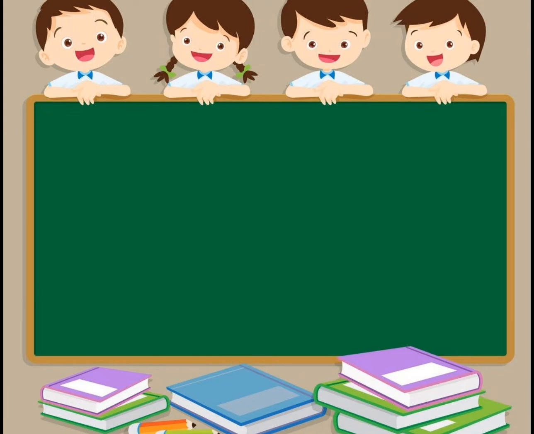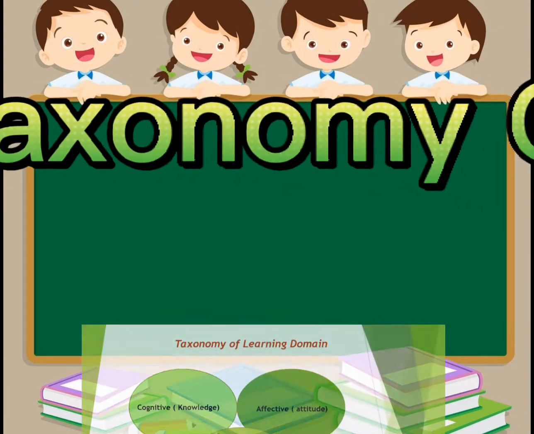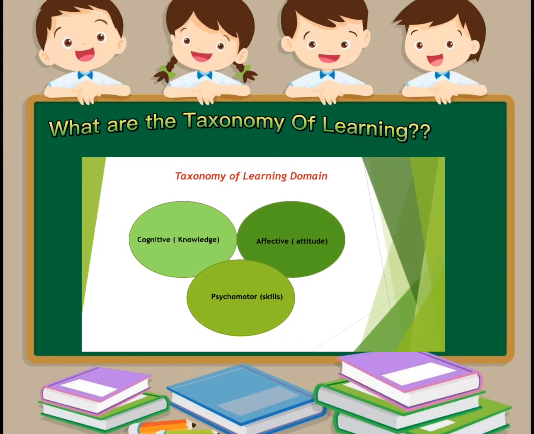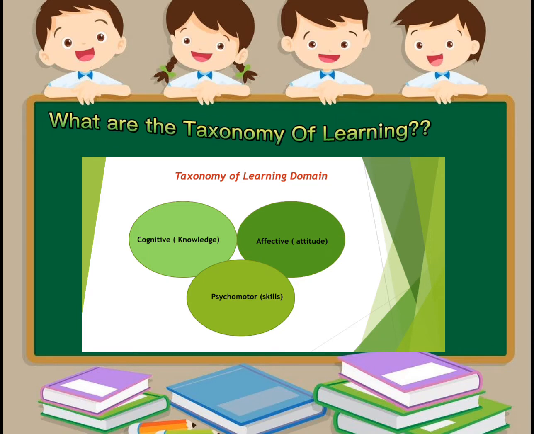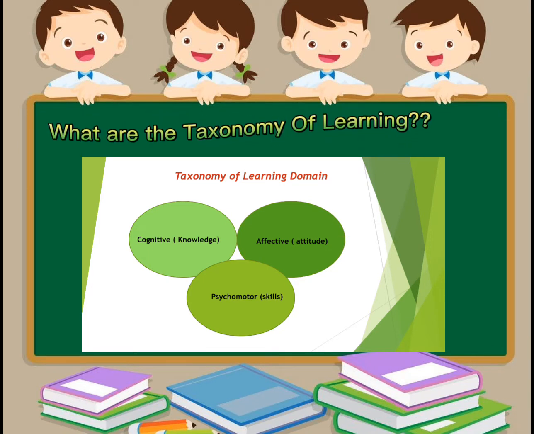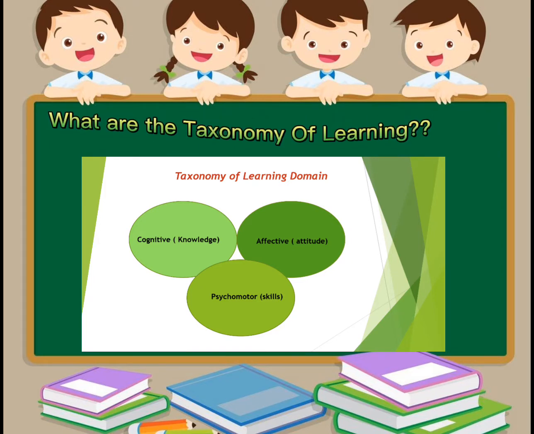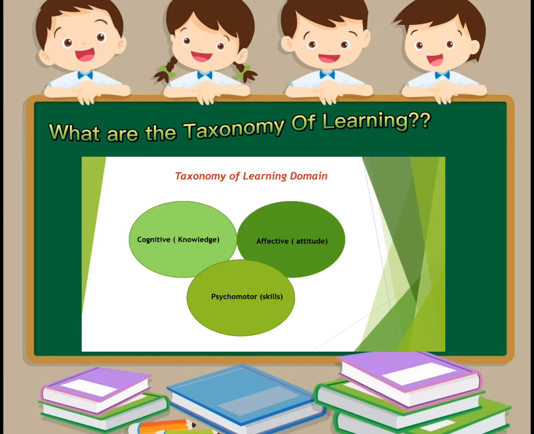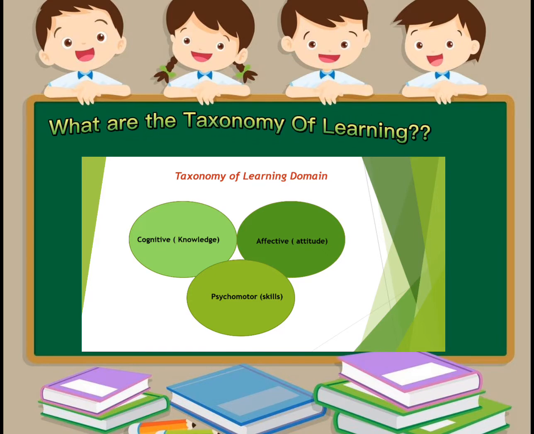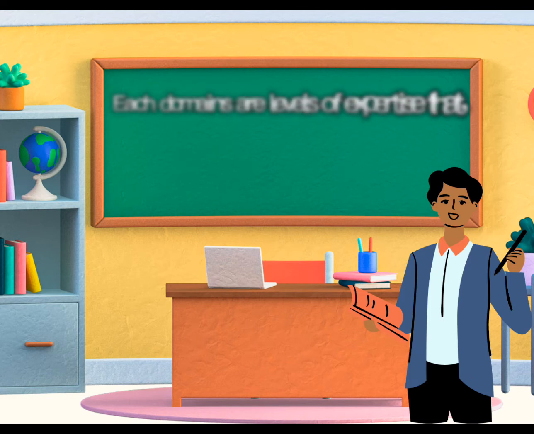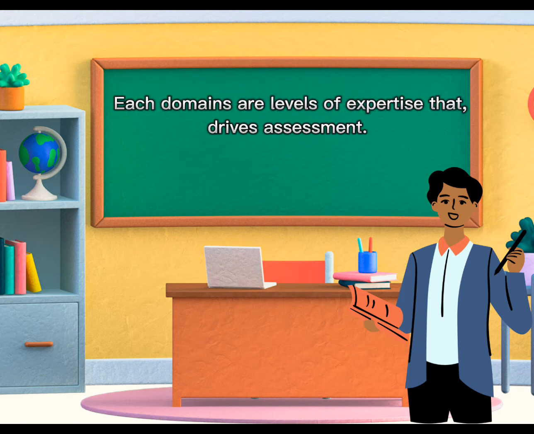And now we will dig into the taxonomy of learning domains. So learning outcomes are statements of performance expectations. Cognitive, affective, and psychomotor are the 3 broad domains of learning characterized by change in a learner's behavior. In the taxonomy of learning domains, each domain has levels of expertise that drive the assessment.